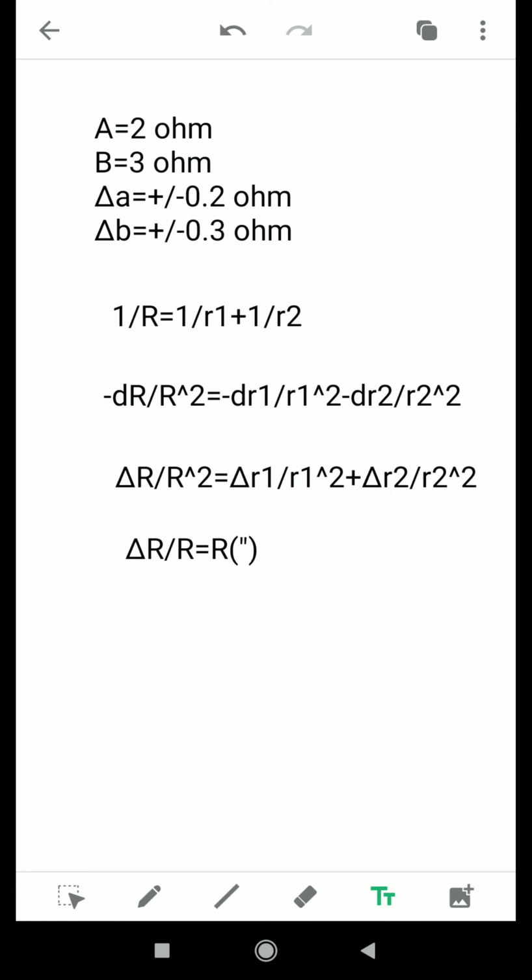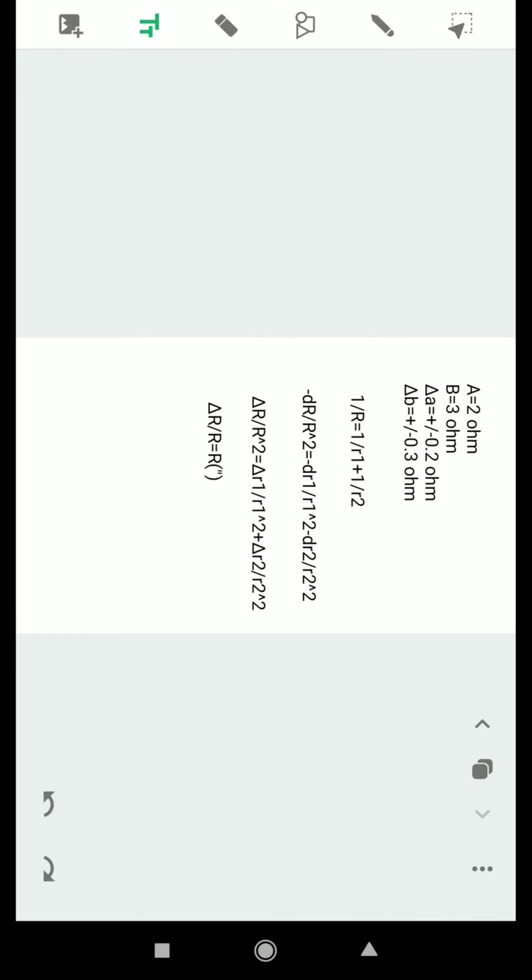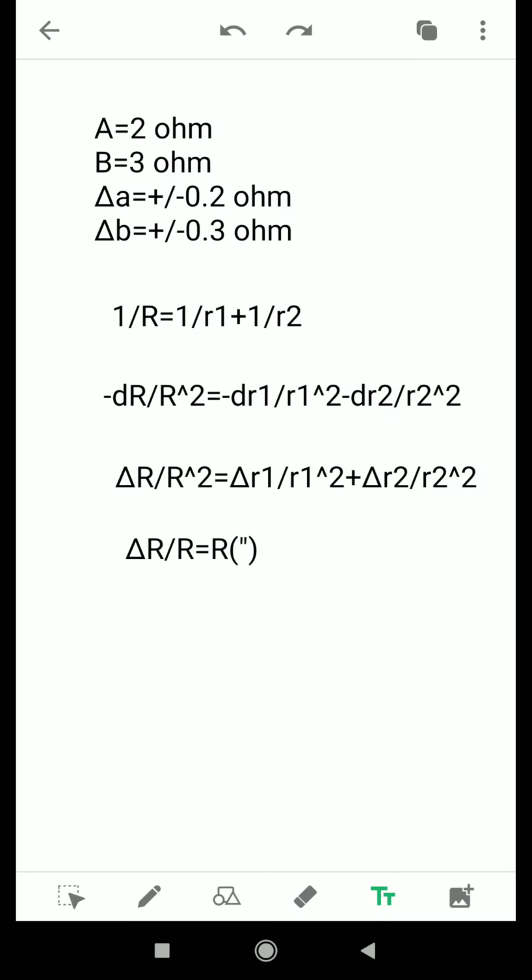Clear? I have not written the whole right side.